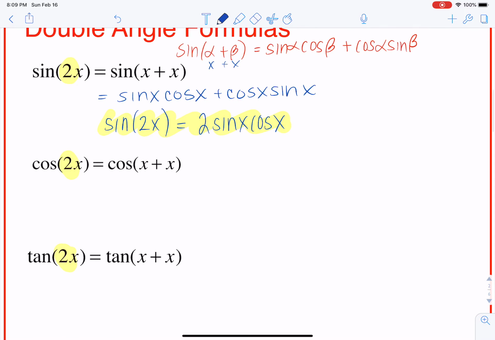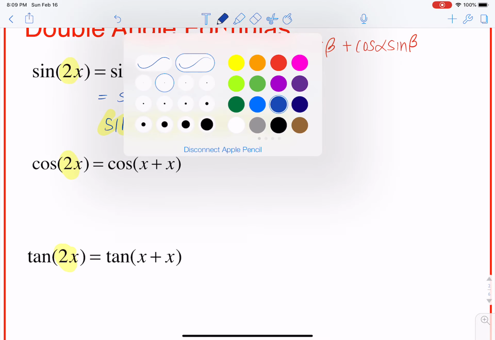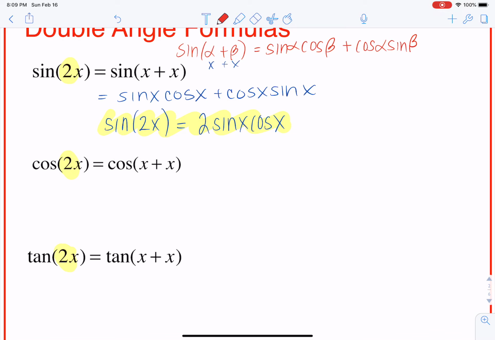And we can do the same exact thing here with cosine. So in red, I know that cosine of alpha plus beta is equal to cosine of alpha cosine of beta minus sine of alpha sine of beta.